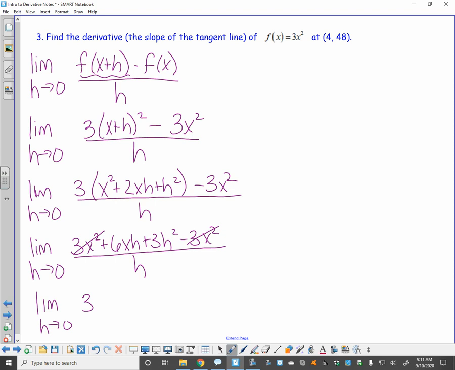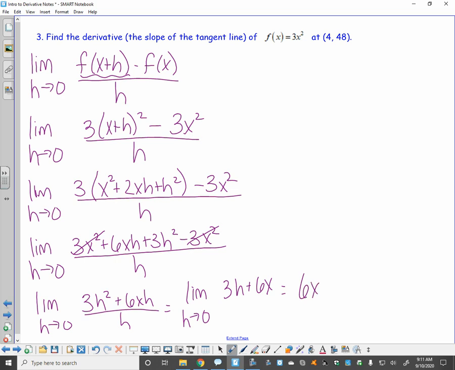Again, I'm going to put the h squared term in the front, just because I can't pull the trigger on my limit because everything would go to 0. So my limit is still there while I take an h from everybody. Pull the trigger on my limit, plug a 0 in for h.